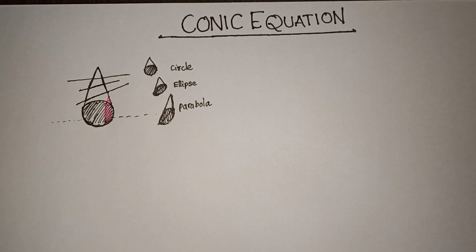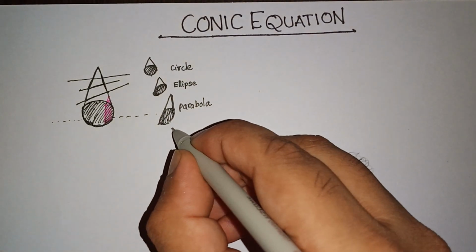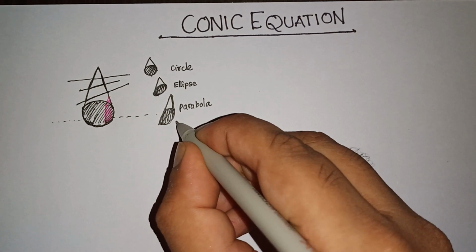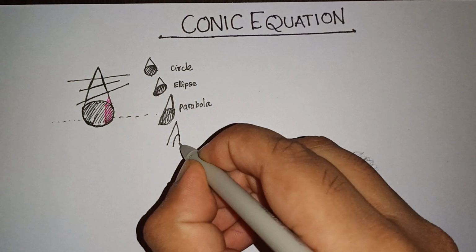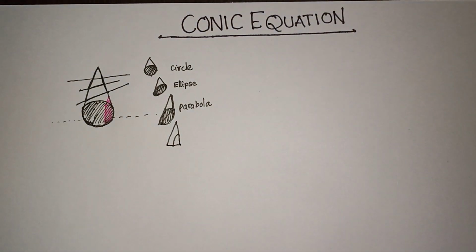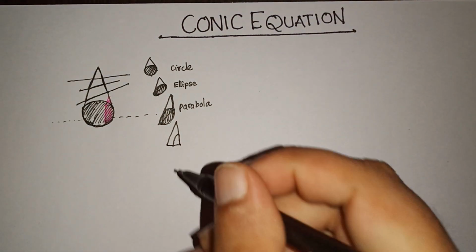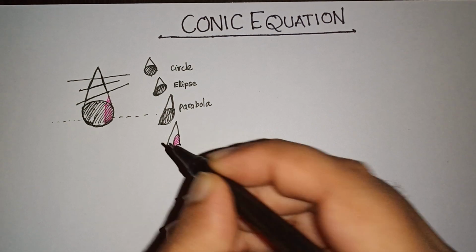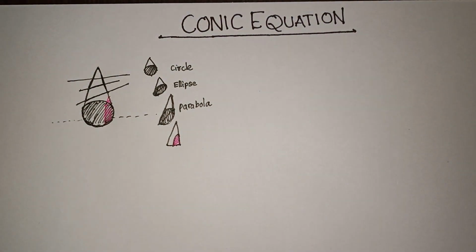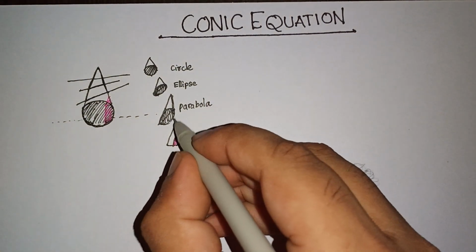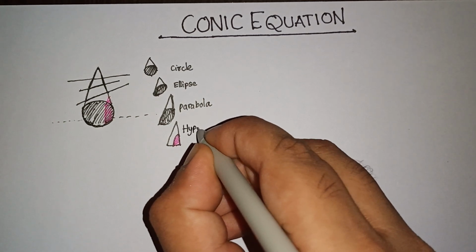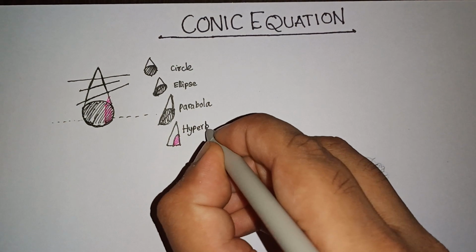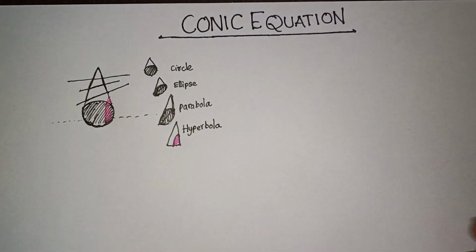Now if I draw here something like this, and I shade here a little bit, this is going to be your parabola. Now this is going to be your hyperbola. We have a parabola over here and a hyperbola here. So these are all the conic curves.